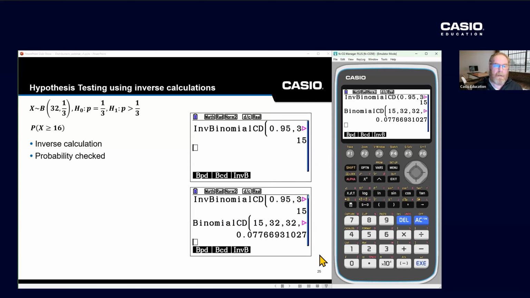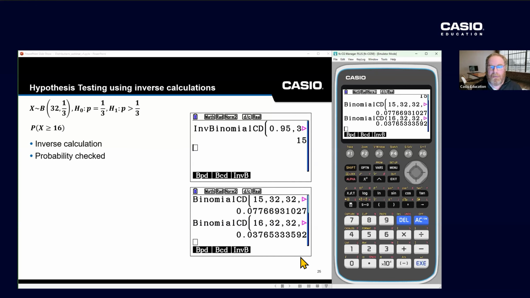Because we're looking to the right-hand side, why not have a look at the next value of x, which is 16. Let's go all the way to 32, and there you go. You can see that in this case, 16 or more is in fact 3.7%.